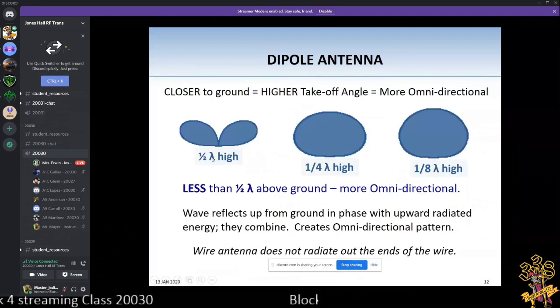So half wave high or more, bidirectional. At a quarter wave high, it's going to transmit in all 4 directions or omnidirectional. An 1/8 wave high is going to be even more omnidirectional.